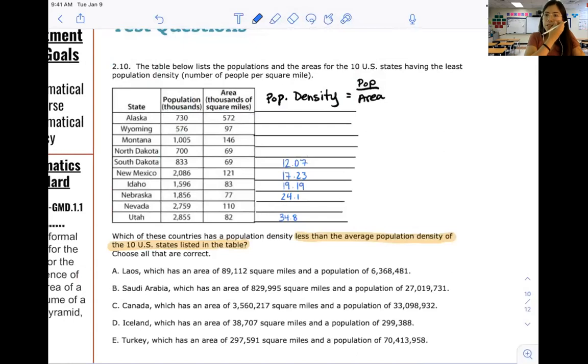Oh, Perla, I didn't even see yours. 1.3. Wait, Perla, which order is that? Alaska and then, okay. So 1.3 and 5.94.